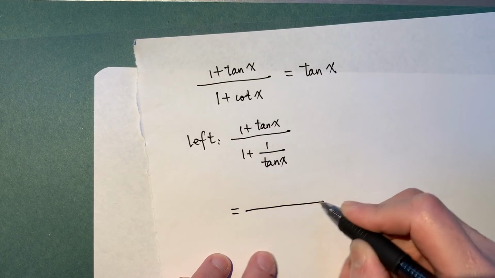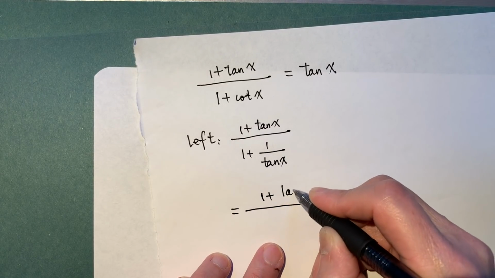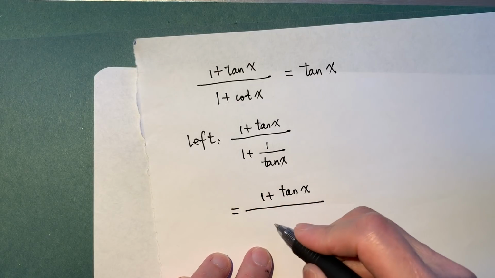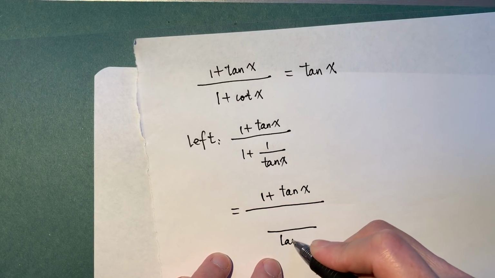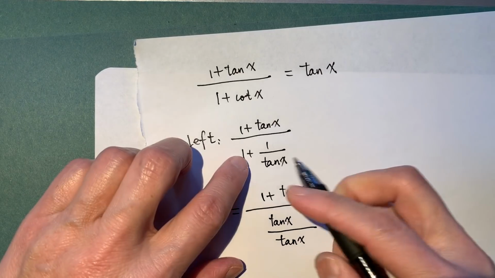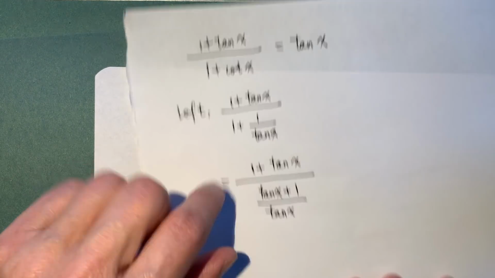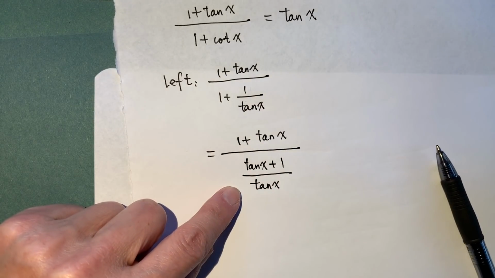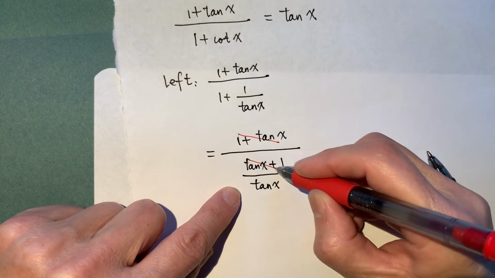So equal to 1 plus tangent x over tangent x plus 1 over tangent x. And this we can cross cancel.